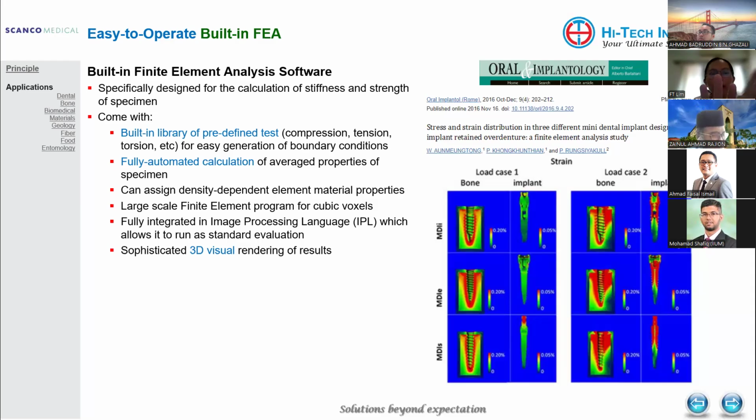But for ex vivo, we have no concern about the radiation, as the whole scanner is fully shielded. So we are not afraid of the radiation being leaked out. We can scan with a reasonable amount of time, and with the ex vivo working principles, we can get a very good resolution, even up to the submicron level. The best that we can go is about 0.5 micron of resolution.